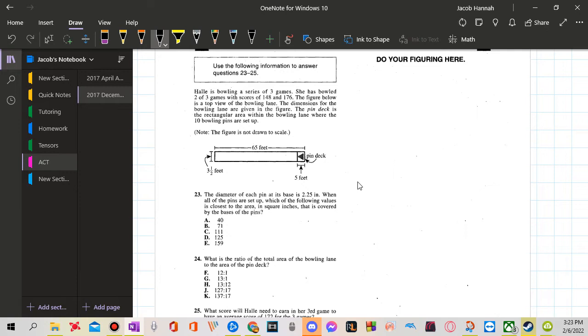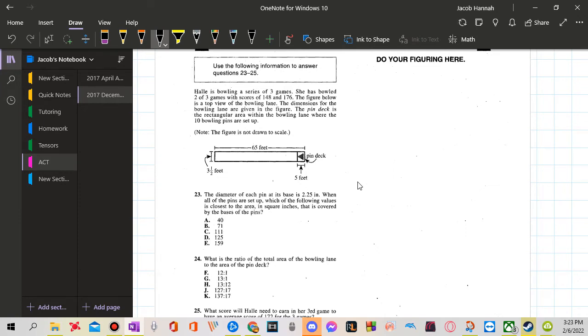Let's see. What is it asking? Which of the following values is closest to the area in... Okay. Bases of the pins. The pin deck is the rectangular area within the bowling lane where the 10 bowling pins are set up. The diameter of each pin at its base is 2.5 inches.